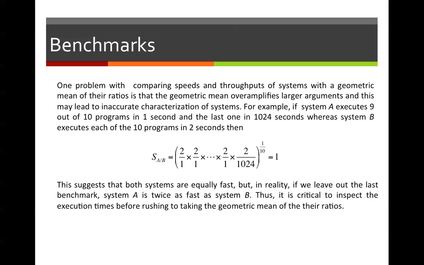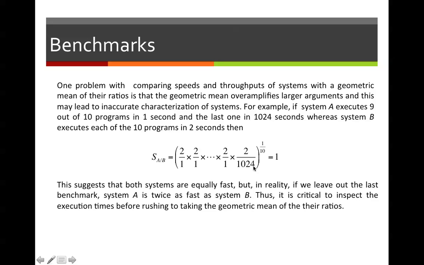One issue that I talked about briefly in class regarding geometric means is that if a given system is faster, let's say speedup-wise, on many benchmarks, but slower in only one by a large factor, then you can end up with something like in this example, a speedup that tends to 1.